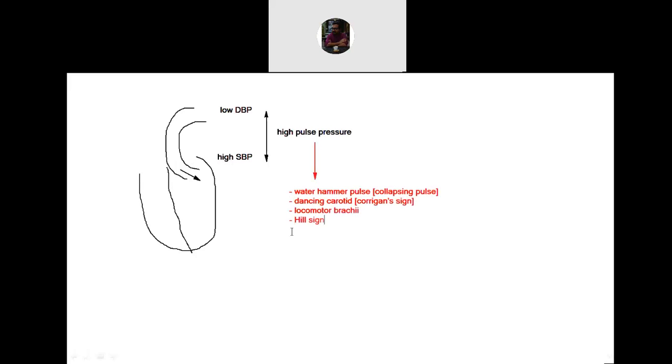Now try to understand. When the left ventricle closes, it produces the sound A2. When the right ventricle closes, it produces the sound P2. Normally left ventricle closes earlier than right ventricle because the blood flow in left ventricle is faster, the blood flow in right ventricle is slower.